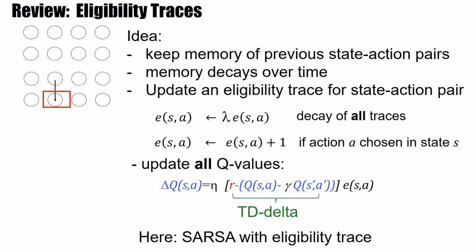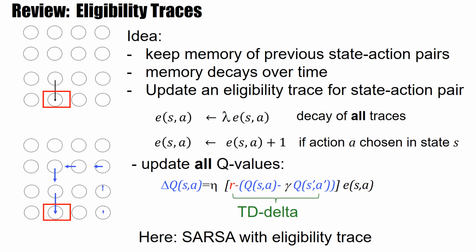Now, what standard TD0 would do is update just the Q values of the final transition, the one that's still visible here. With an eligibility trace, however, we keep a memory of previous state action pairs, and this memory decays over time. And the way this memory is implemented is that we have an eligibility trace variable for each combination SA, and this decays at every time step for all the traces.